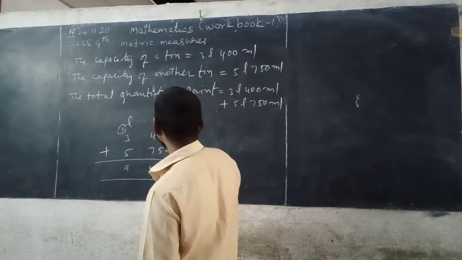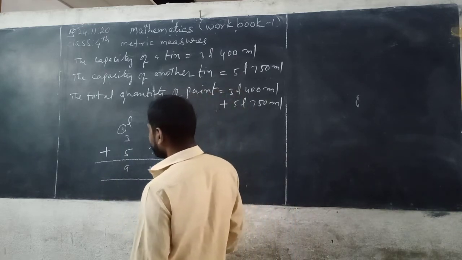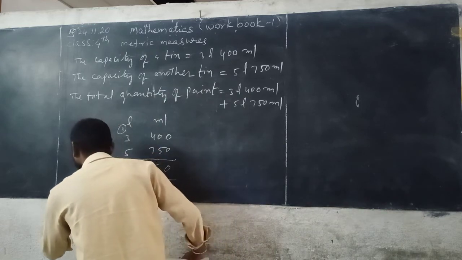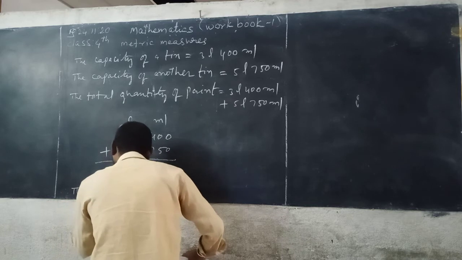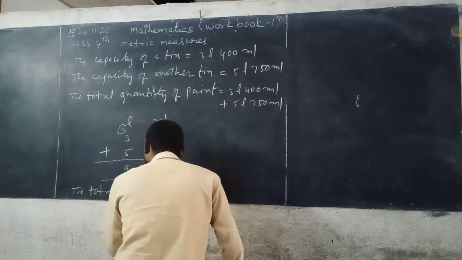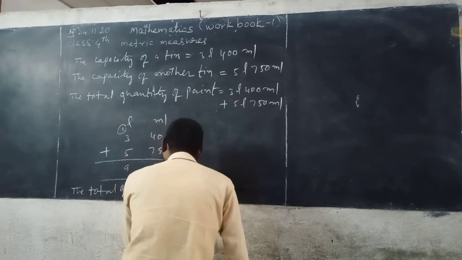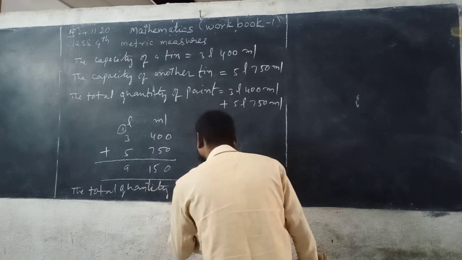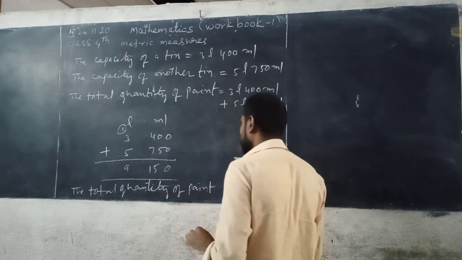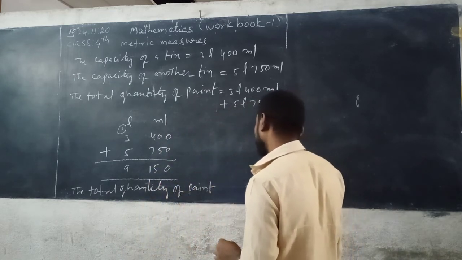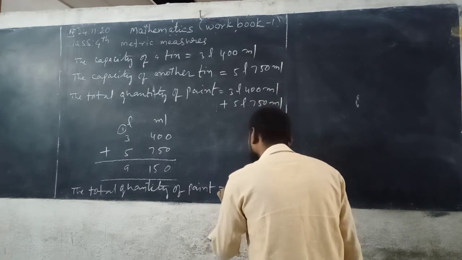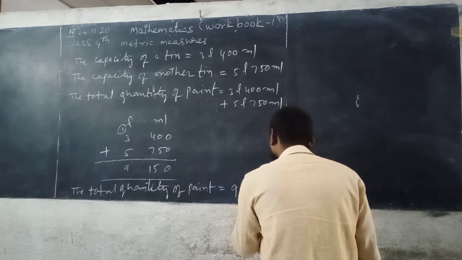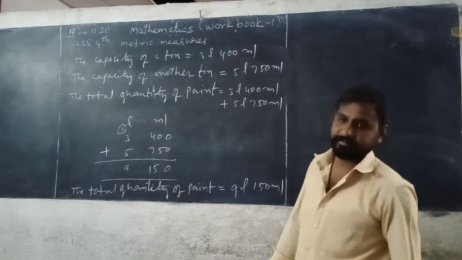The total quantity of paint is equal to 9 liter 150 milliliter. Write down, everybody.